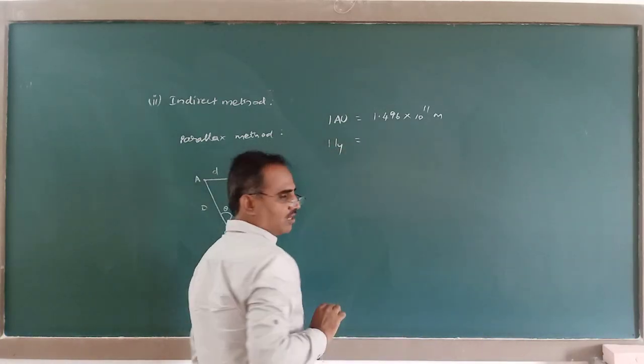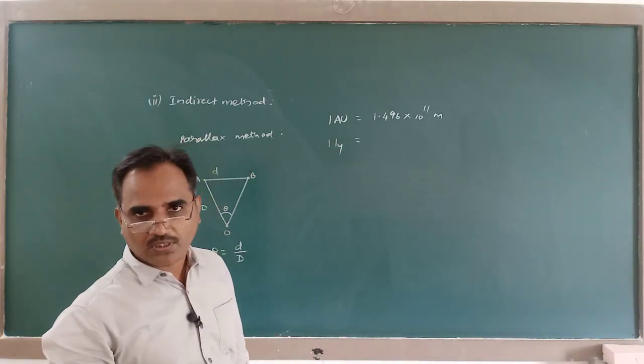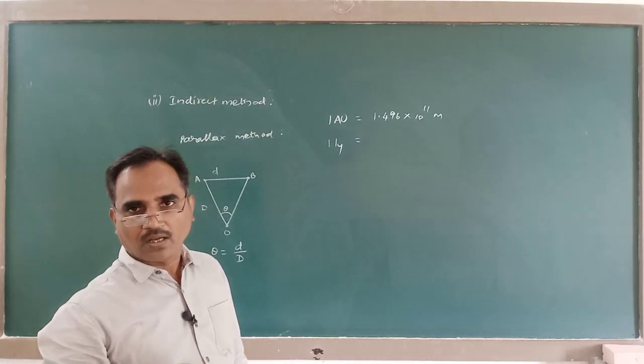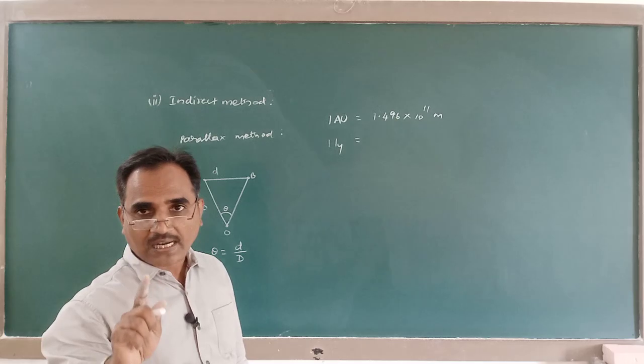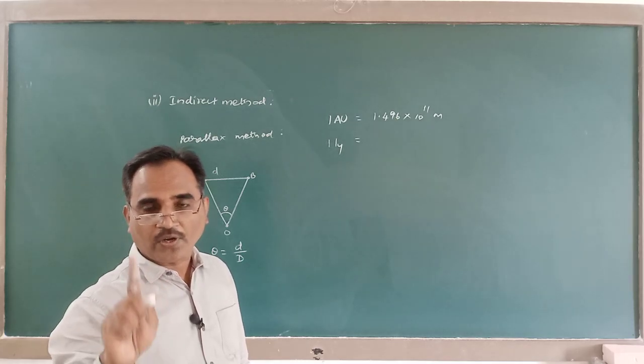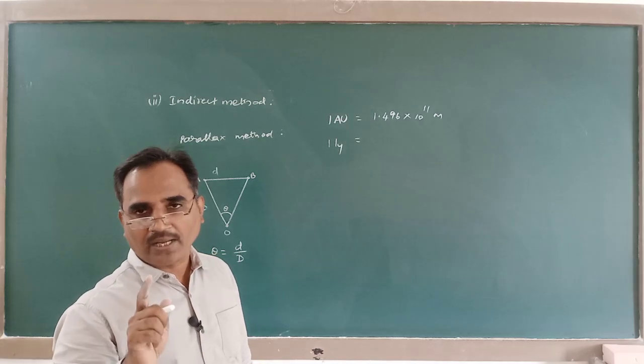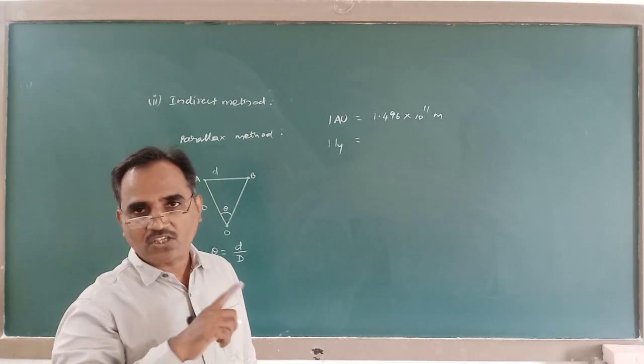Astronomical distances are also expressed in terms of light year. Light year means it is the distance travelled by light during a time of 1 year. Distance travelled by light in 1 year is called 1 light year.